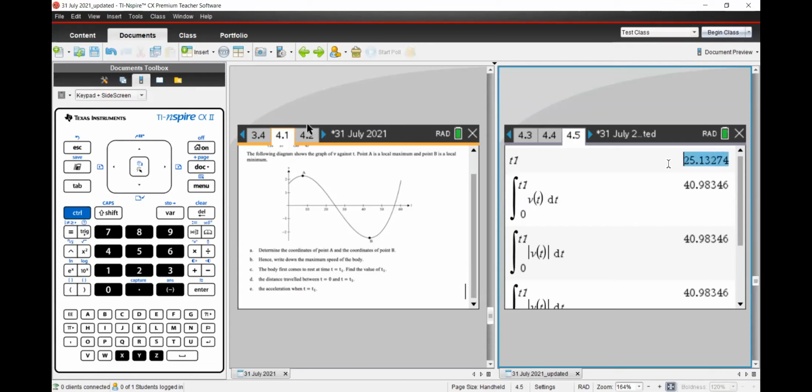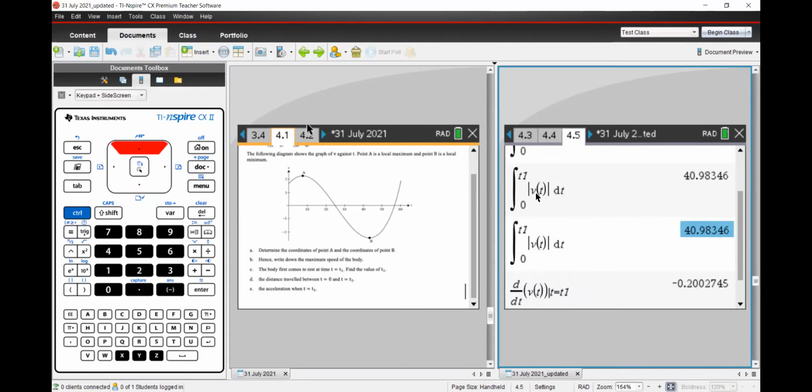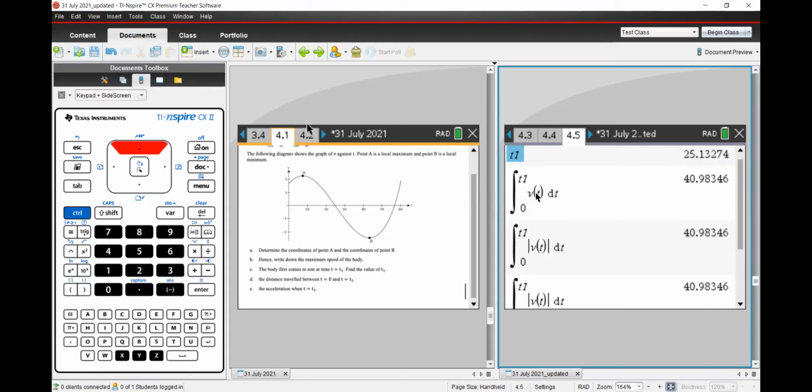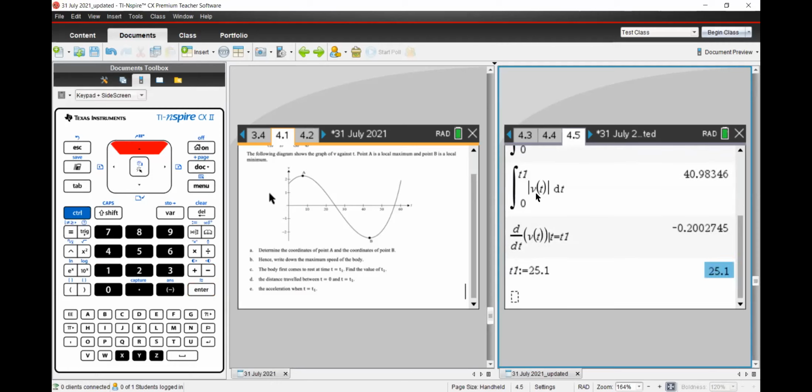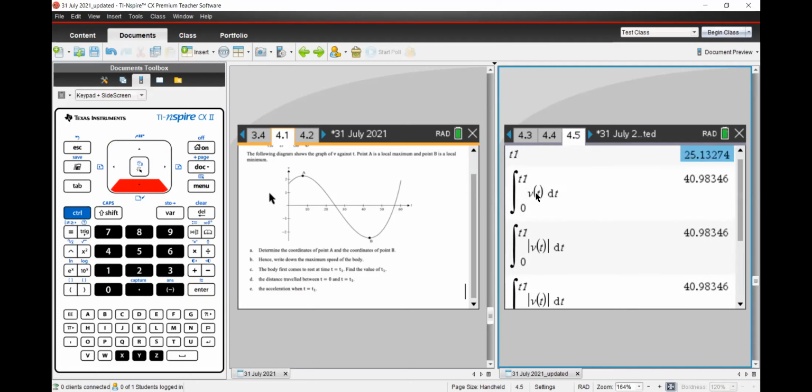Listen, out of curiosity, instead of writing T1, can we see what happens if you write 25.1? Just out of curiosity. Okay, we can check how much it differs. What I'll do is store this T1 itself as 25.1. Now I'll recalculate everything.